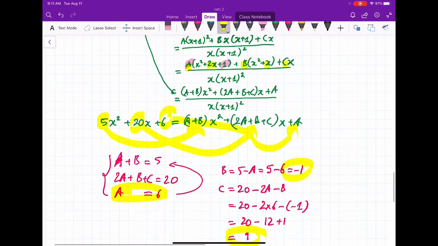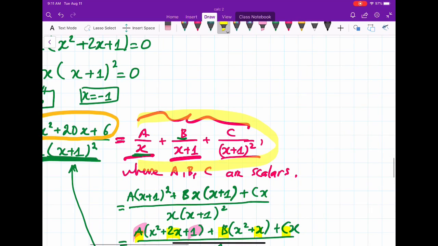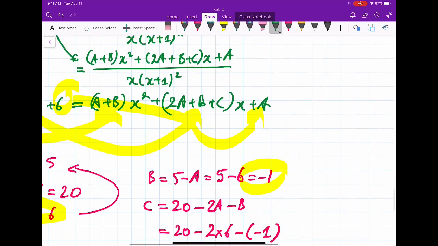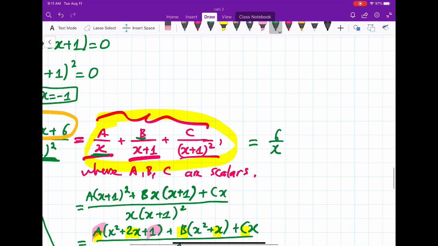Then I'll plug a, b, and c into this formula. A is 6, so I have 6 over x, b is negative 1, so I write minus 1 over x plus 1, and c is 9, plus 9 over (x plus 1) squared.